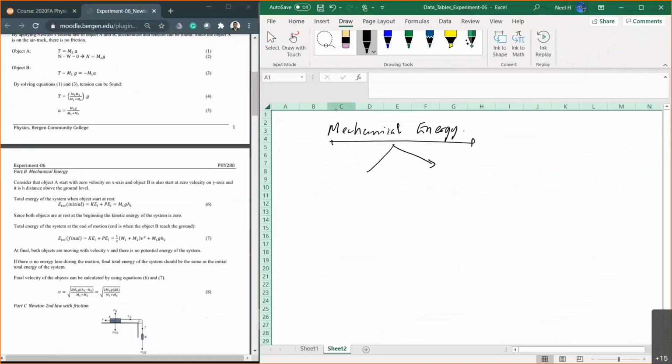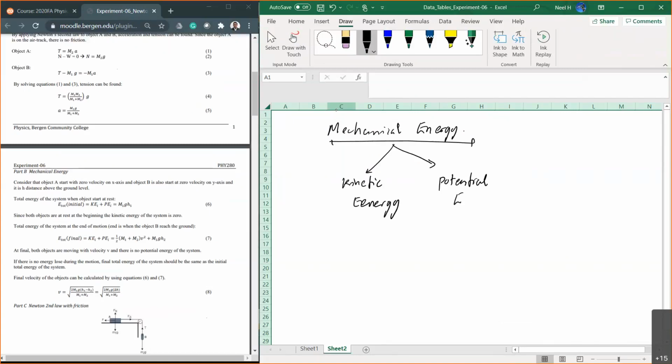If the object is in motion, then we can find the kinetic energy of the object. If the object is at rest, however, and is above the ground level, it can have a potential energy, right? So those are the mechanical energies.